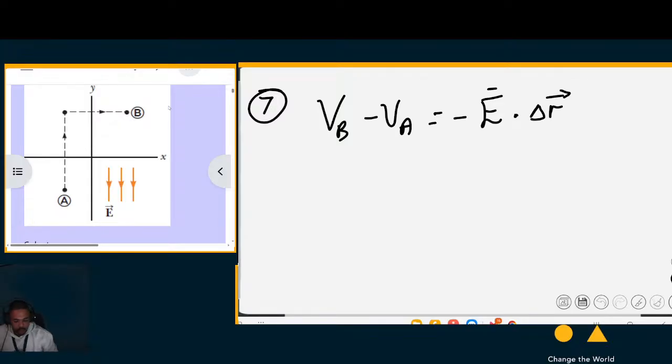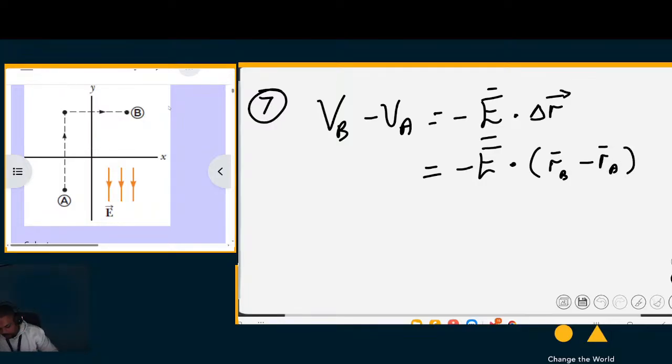We can also write that position vector as the position at point B minus the position at point A, that displacement vector between the two. Let's first calculate that displacement vector, delta R. The displacement vector is just RB minus RA.